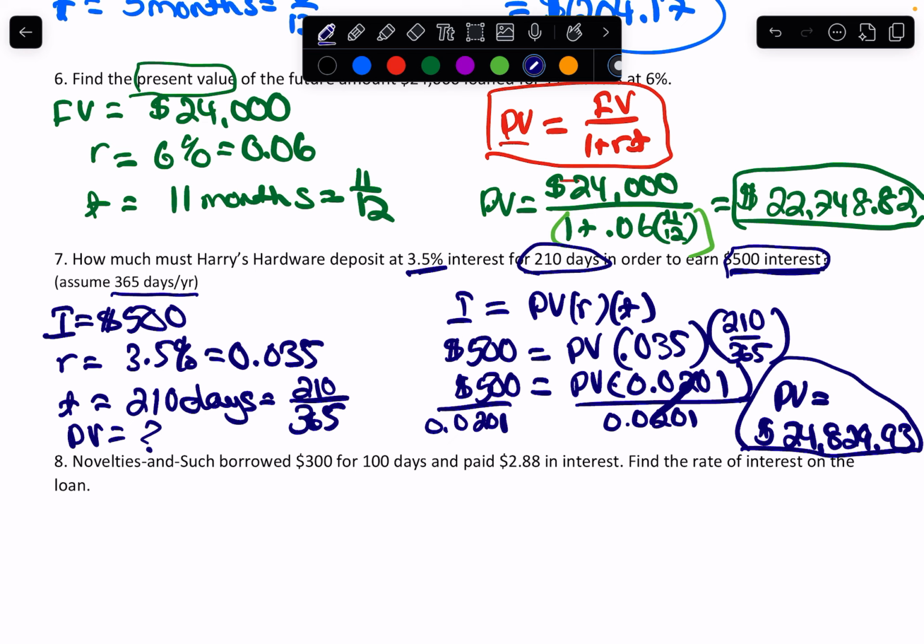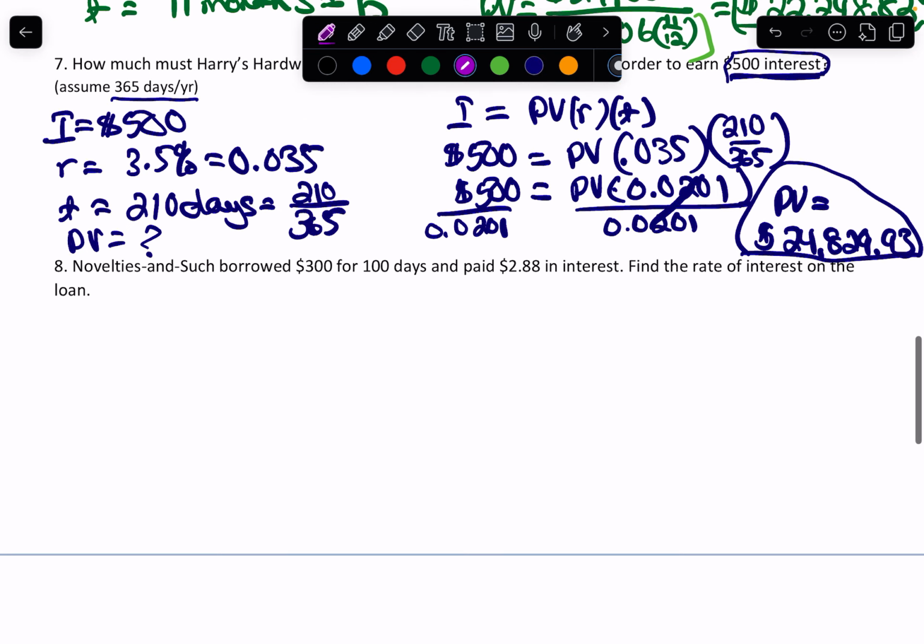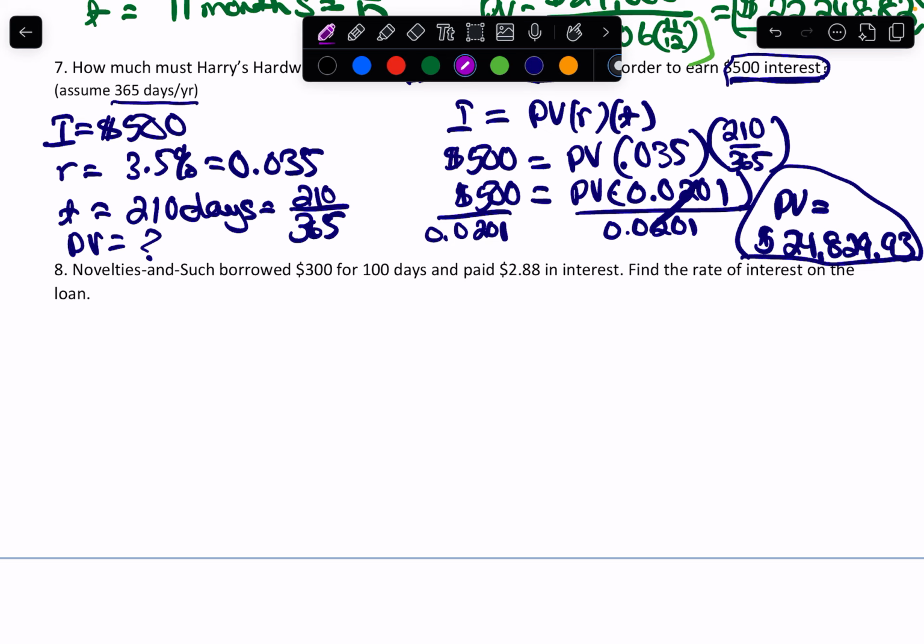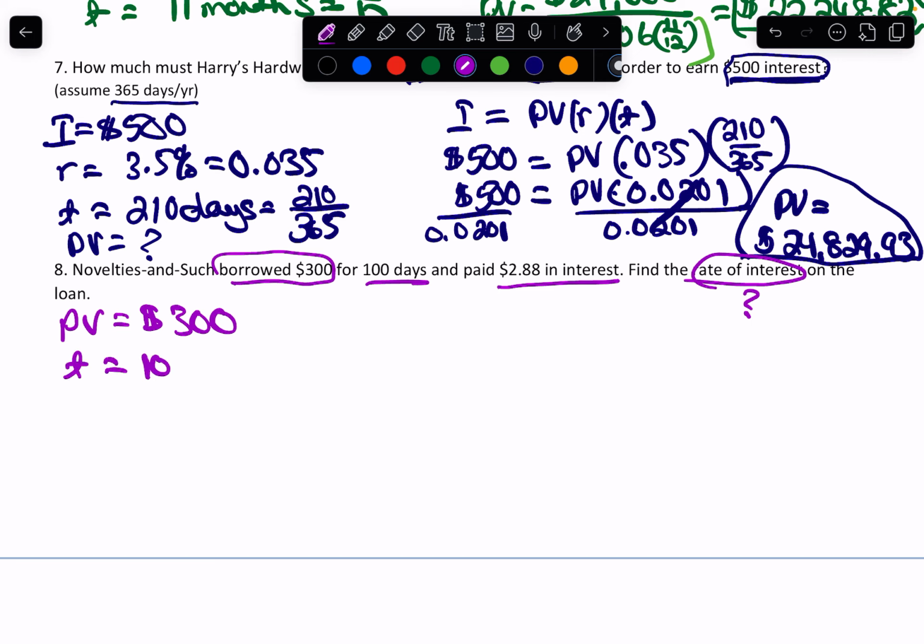Okay, next one here. Novelties and such borrowed $300 for 100 days and paid $2.88 interest. Find the rate of interest on the loan. So we know that the present value was $300. We know that time is 100 days.